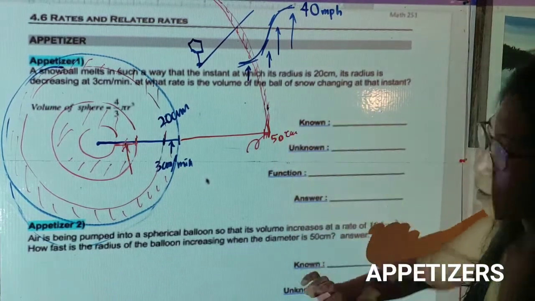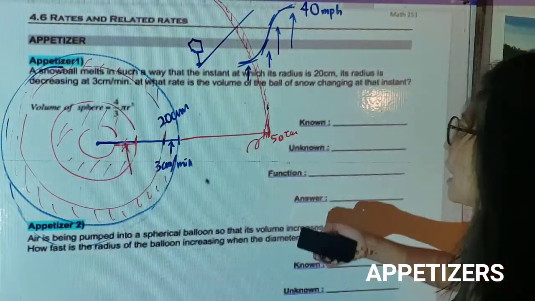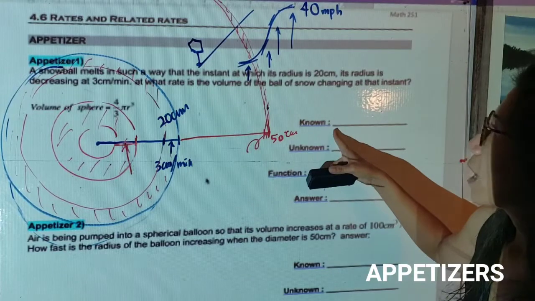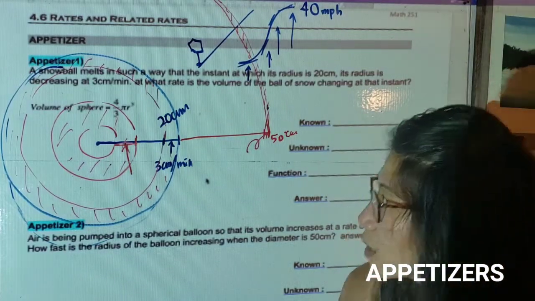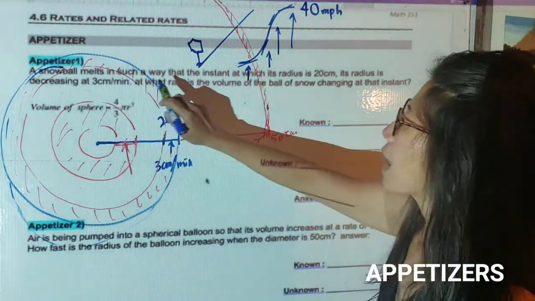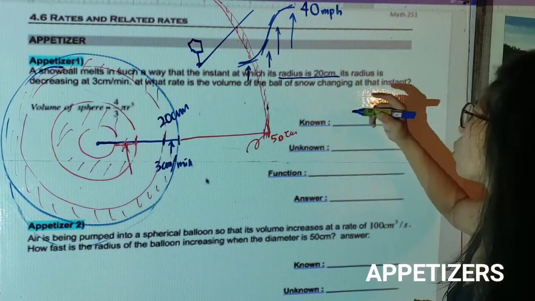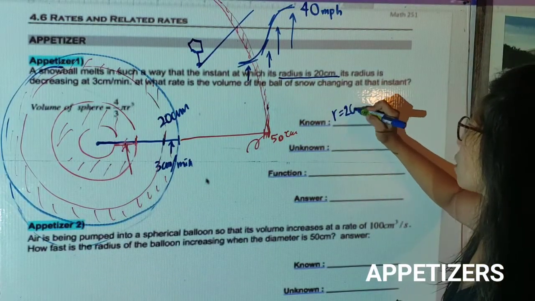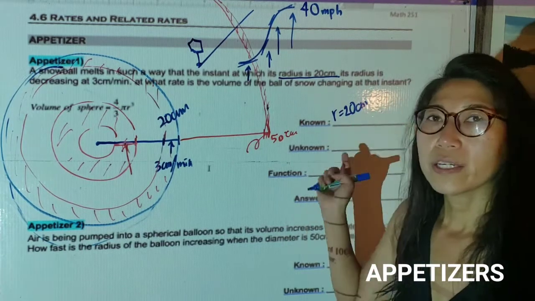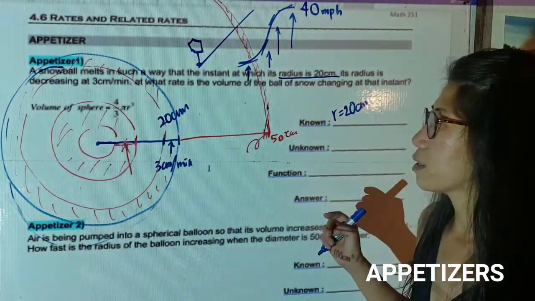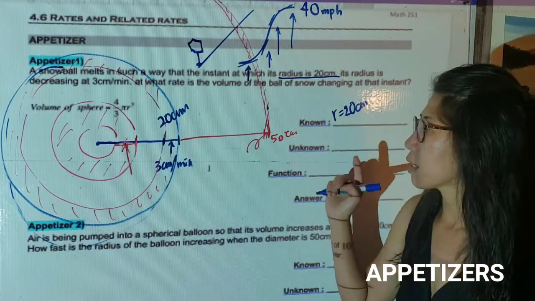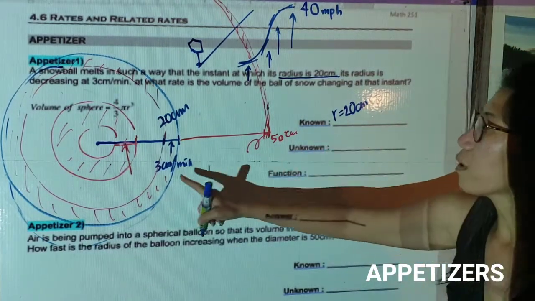So let's look at how we are going to approach this question. We need to see what facts they gave us. Let's read it again: the snowball melts in a way that at the instant its radius is 20 centimeters, the radius is decreasing at 3 centimeters per minute. So they gave me that the radius is 20 centimeters. How are we going to write the decrease?